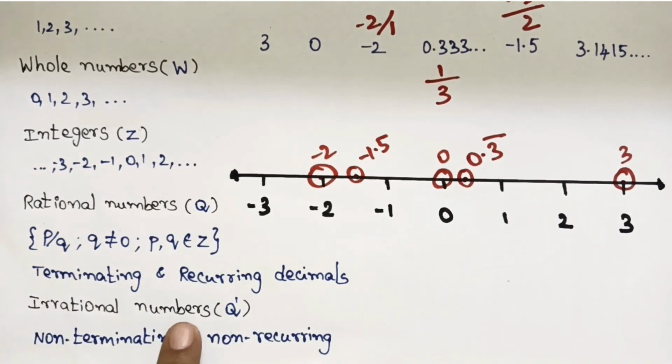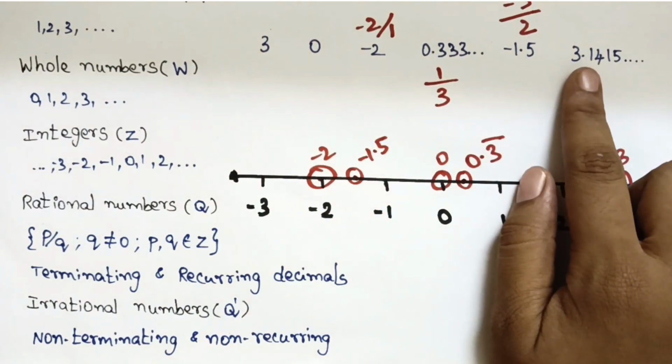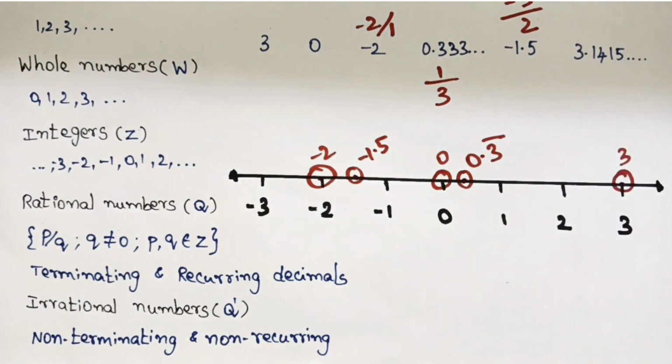Next, irrational numbers. Any number which is not rational is called irrational numbers. It includes non-terminating and non-recurring decimals. For example, the value of pi, 3.1415, it goes on. It's a non-terminating decimal and it's a non-recurring decimal.